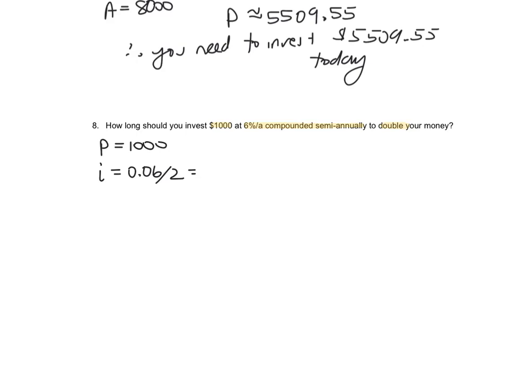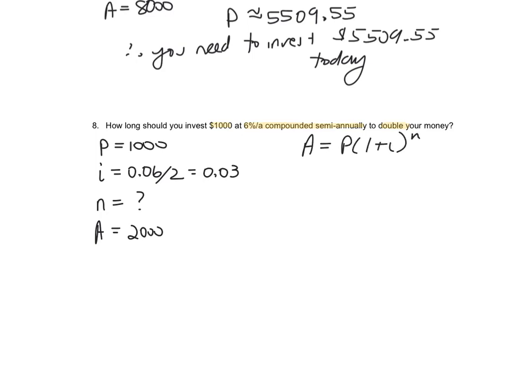And that does actually give me a nice decimal, so I will simplify this one. I don't know the number of compounding periods. And I have to remember that if I want to know the number of years, it will be doubled for n. So I have to keep that in mind. And I know that my final amount should be double that 1,000. So that means 2,000.